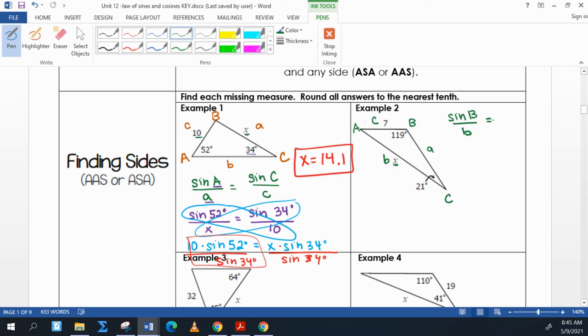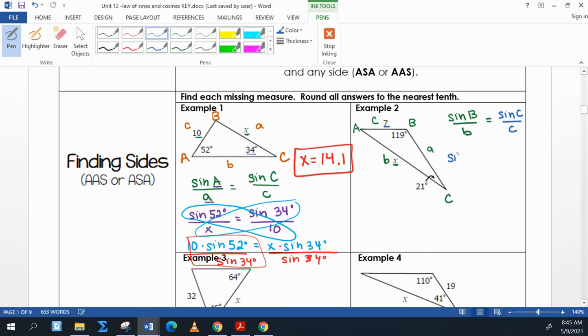And then I look to see what side I'm given. So you'll notice right here, 7 is the only side I know. I don't know what we're calling a right here. So 7 is what we called c. We're going to use the sine of c over c as the other side of the proportion. Okay, now just fill in your angle b's and side b's, angle c's, side c's.